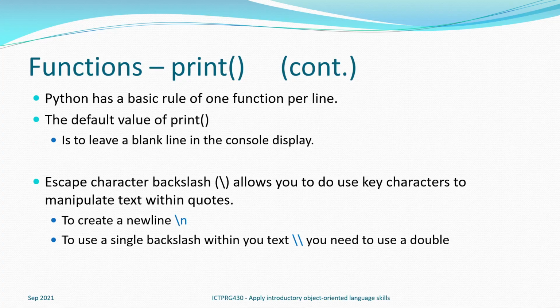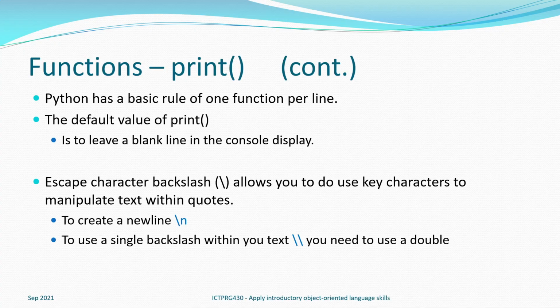So the basic function criteria is one function per line. For our print command, that was on a single line. Now, if you want to break up how it displays on the screen, if you use just print with an empty parenthesis, it will print a blank line out to the console.